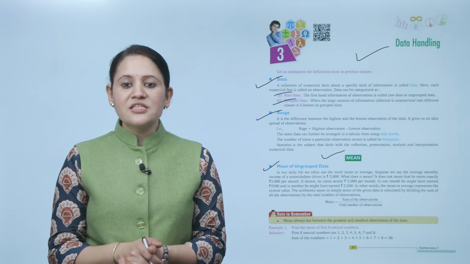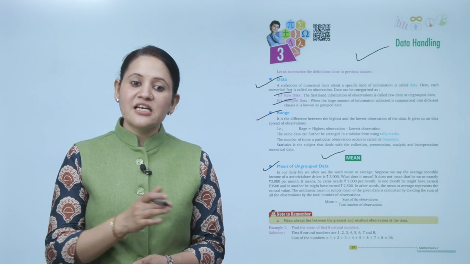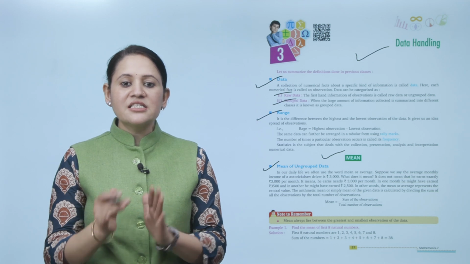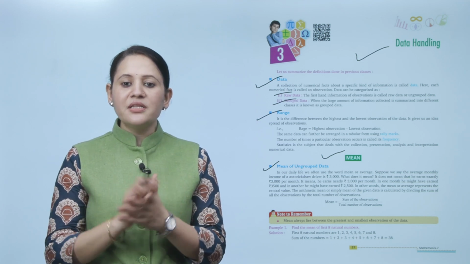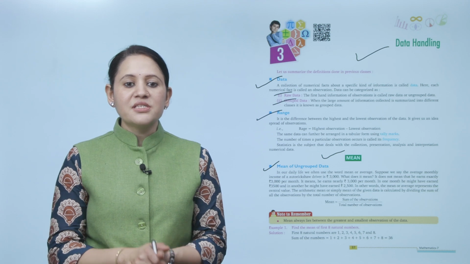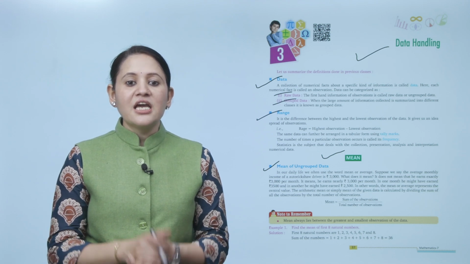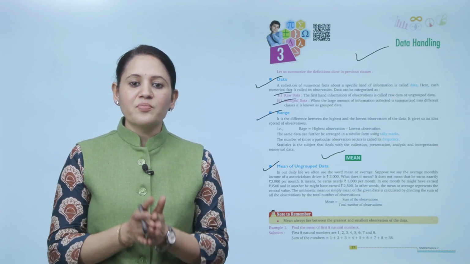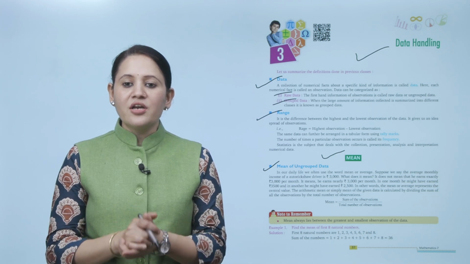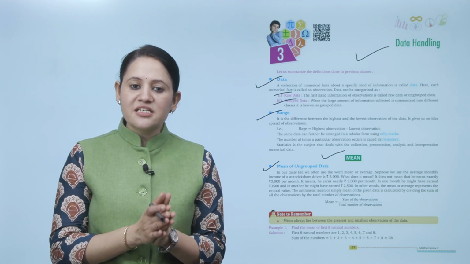It does not mean that he earns exactly rupees 3000 per month. It means he earns nearly about 3000 per month. In one month, he might have earned rupees 3500 and in another he might have earned rupees 2500. In other words, the mean or the average represents the central value.